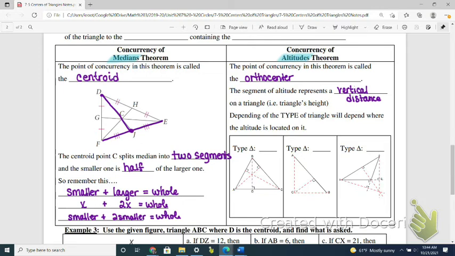Depending on the type of triangle will depend on where the altitude is located. If you have an acute triangle, your orthocenter will be inside the triangle.